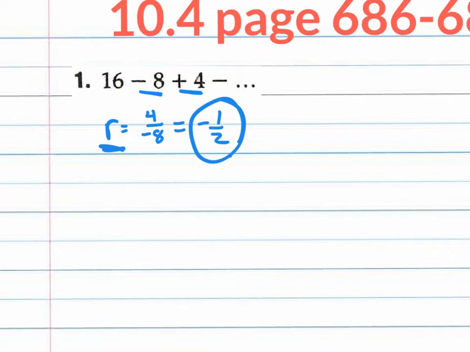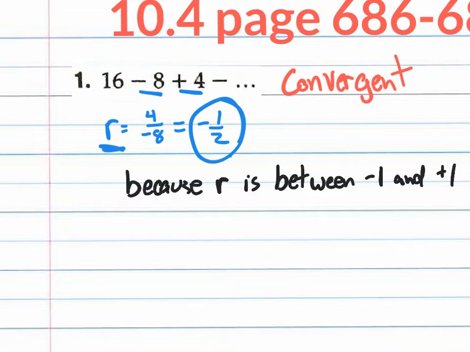Why is number 1 convergent? Because it converges to a certain value. And why does it converge to that asymptote value? Because R is between -1 and +1. I guess the correct mathematical notation for that would be -1 < R < +1.